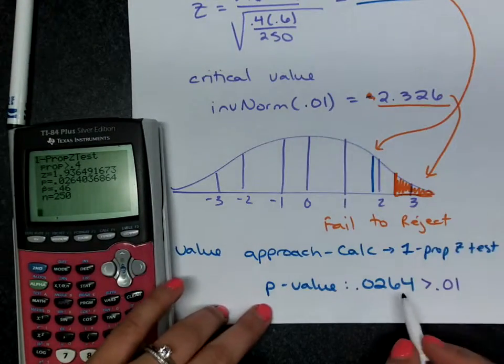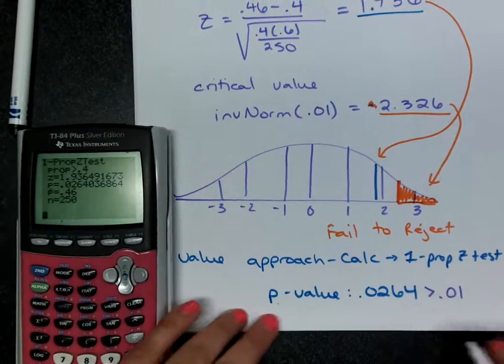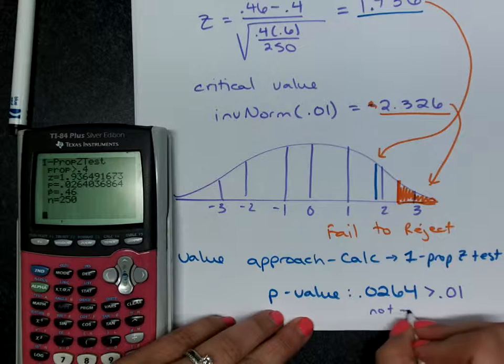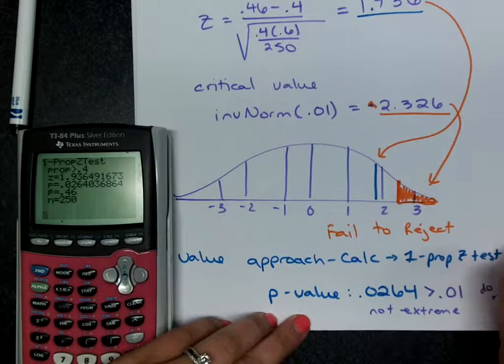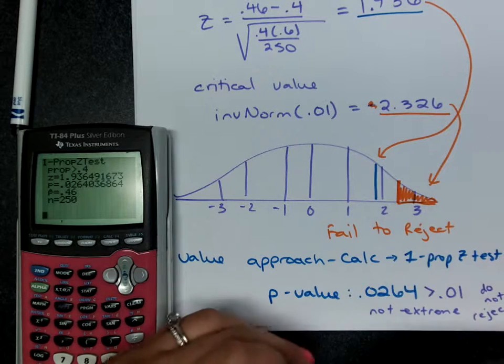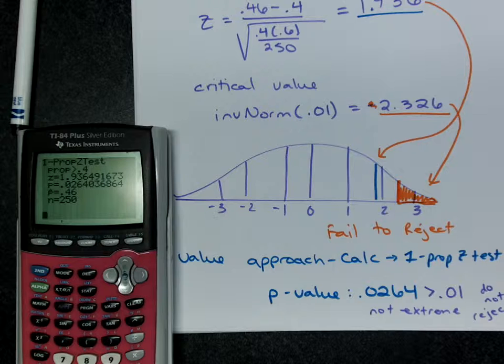So since it's greater than 0.01, that means it's not as extreme. That means it's not extreme. And if it's not extreme, you do not reject. So the p-value is greater than alpha, which means it's not extreme, so we do not reject.